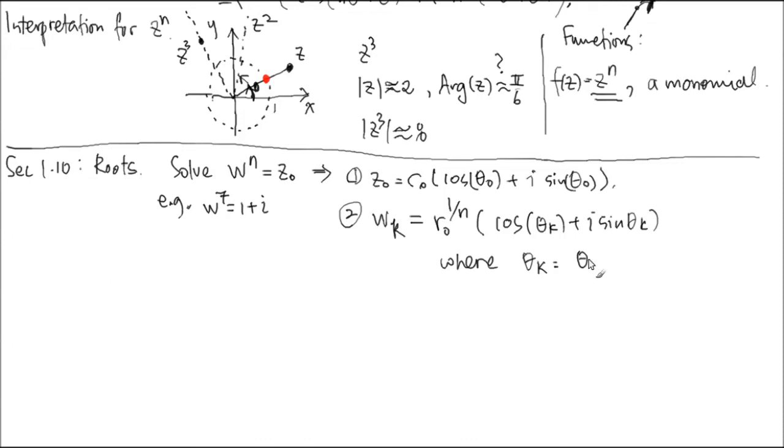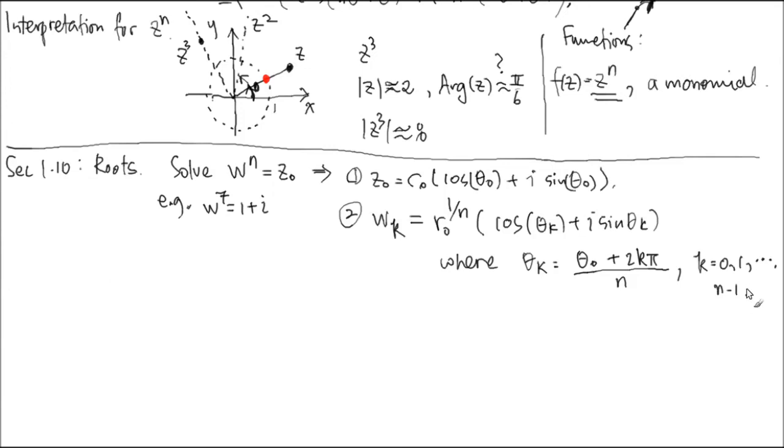Theta 0 plus 2 k pi. No, the k still works, I realize. Sorry about this. k pi divided by n, where k runs through 0, 1, all the way up to n minus 1.